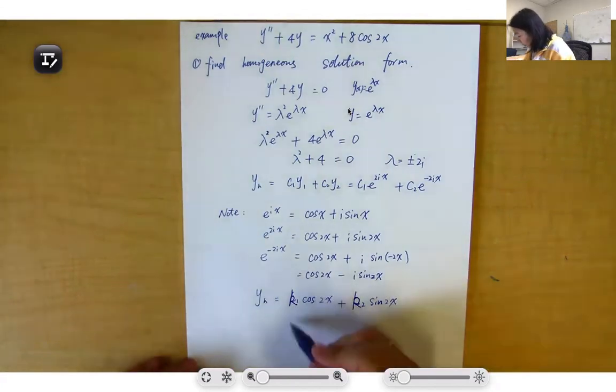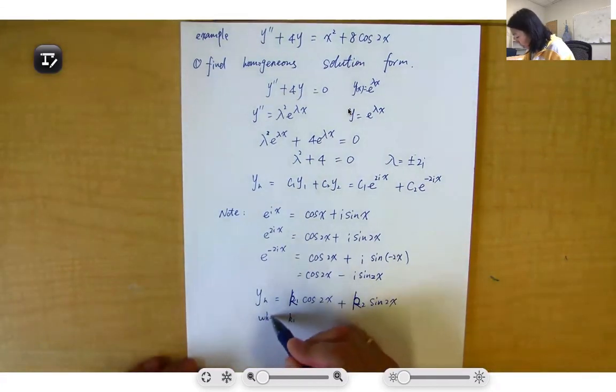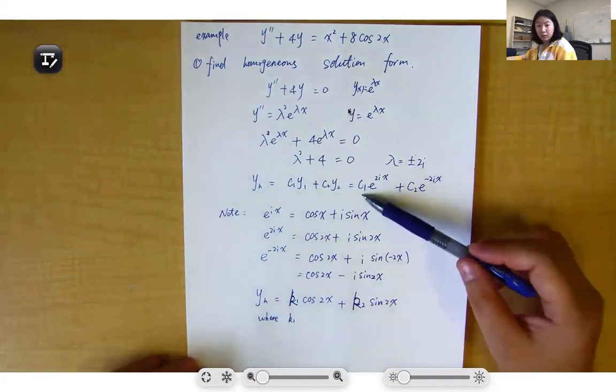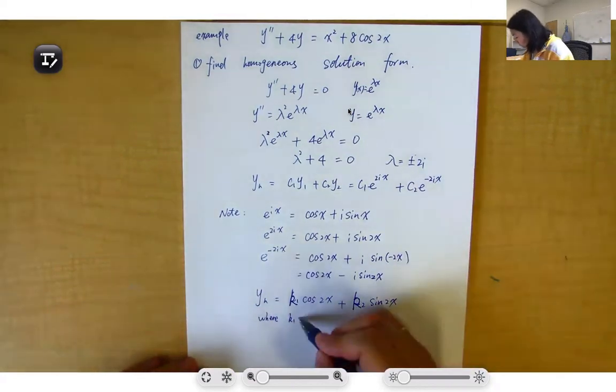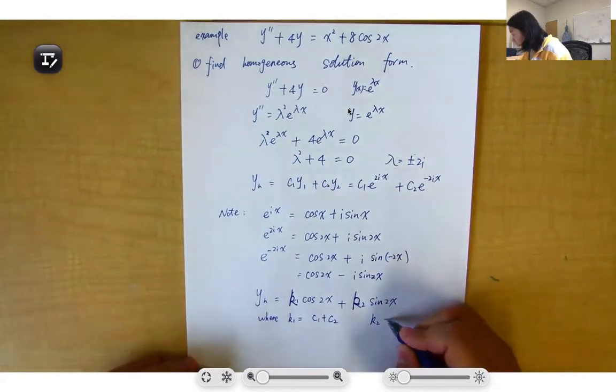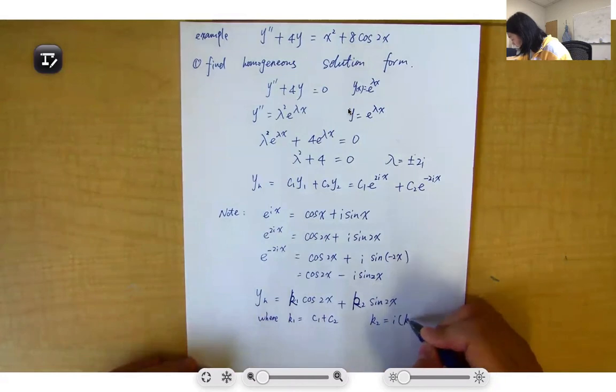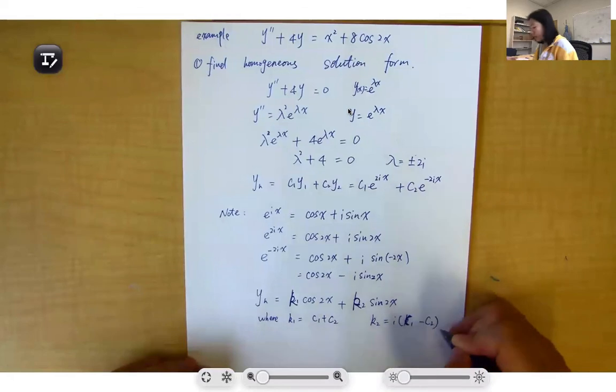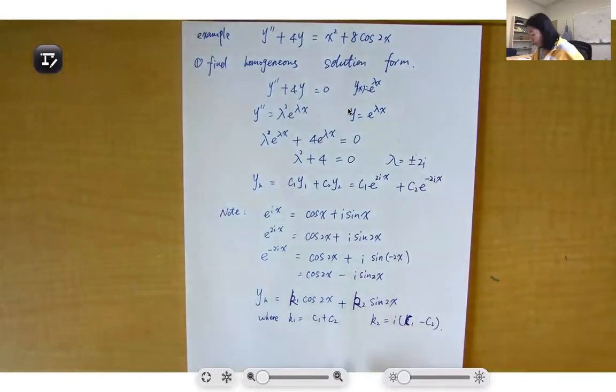This constant k1 has the relationship with c1, c2 as c1 plus c2, and the constant k2 will be equal to i times c1 minus c2. And in order to calculate what these constants are, you need to have either two initial value conditions or two boundary value conditions in order to solve for these arbitrary constants.